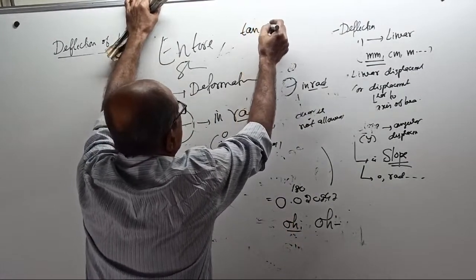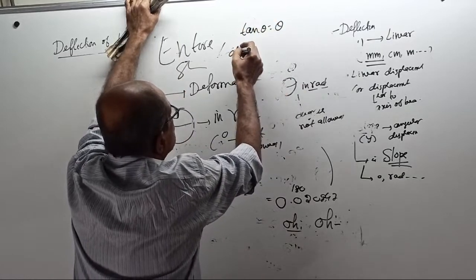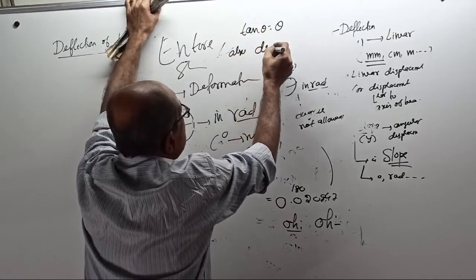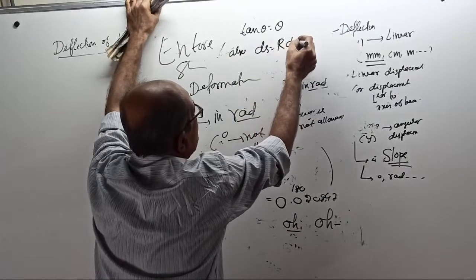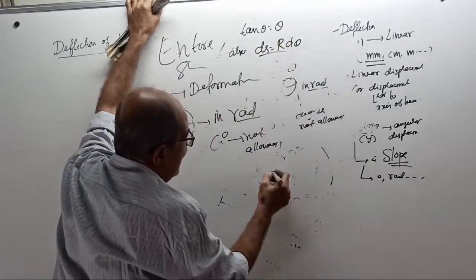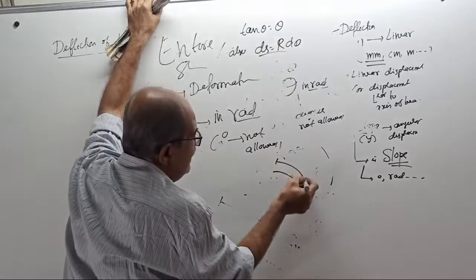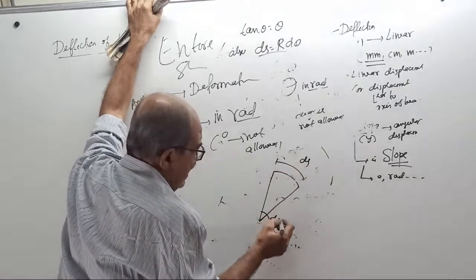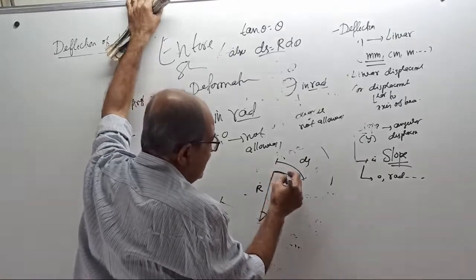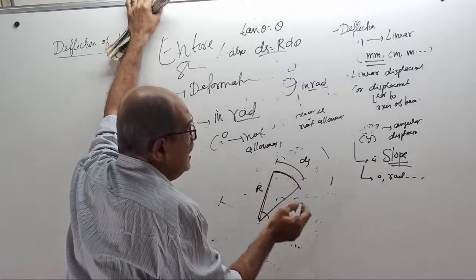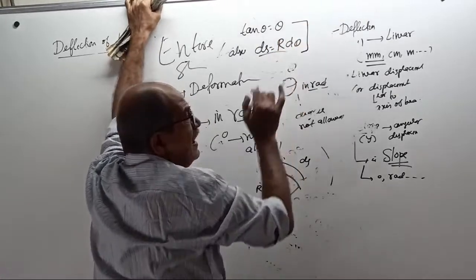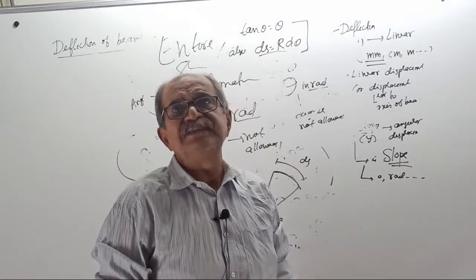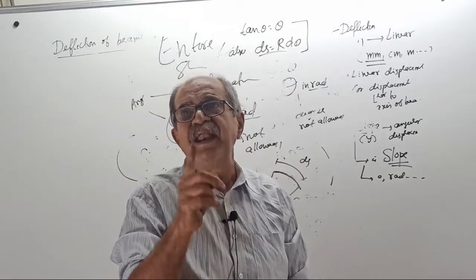when you take tan theta equal to theta, and also later ds equal to r d theta, remember or not? Arc length ds, if the angle is d theta and the radius is r, arc length equals r into d theta. This also you are taking. Arc length equals radius into angle subtended at center.